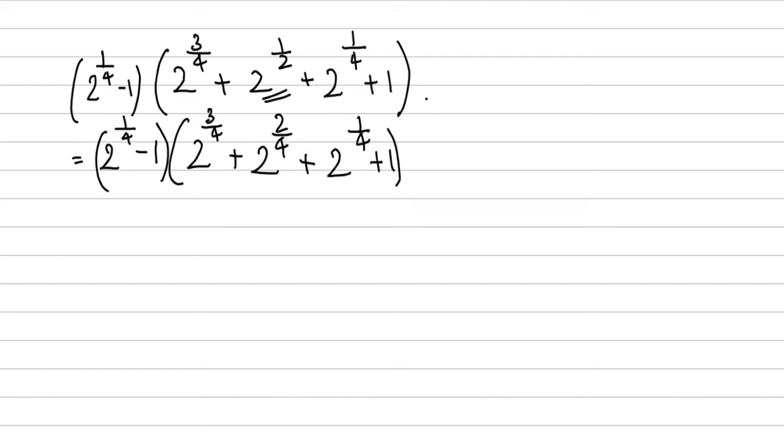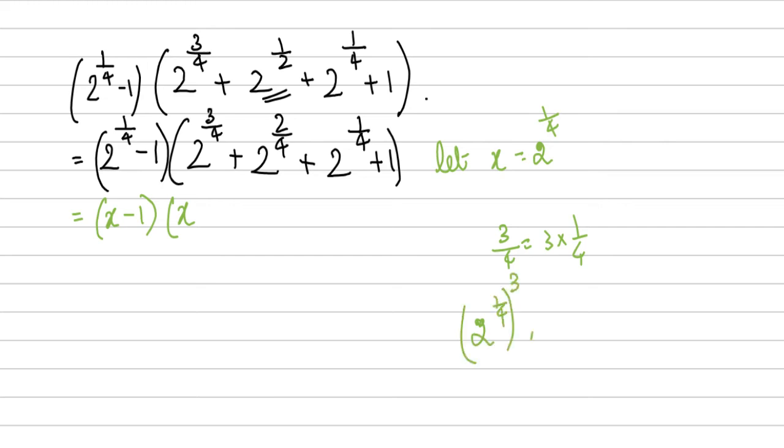So now see, basically I feel very lazy to type 2 to the power 1 divided by 4, so I'm going to assume a variable x, and I'm going to assume the value of x is 2 to the power 1 divided by 4. And now let's see what happens after substitution. x minus 1. So 3 by 4 can be written as 3 times 1 by 4, right? So you can write (2^(1/4)) whole cube, as well as (2^3) whole power 1 by 4.